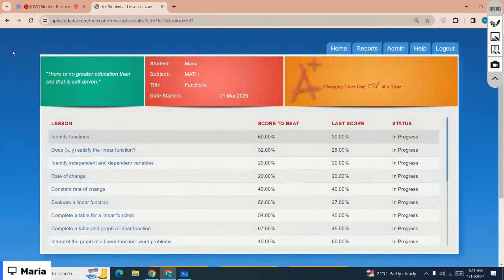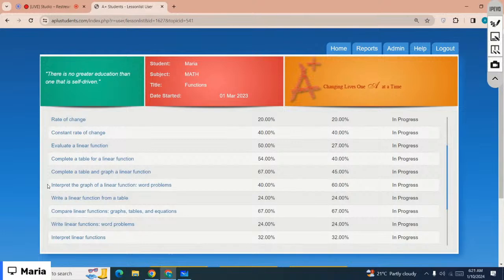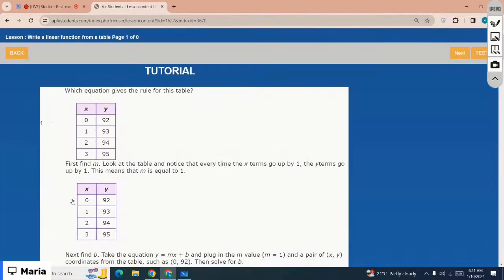The next lesson is write a linear function from a table.